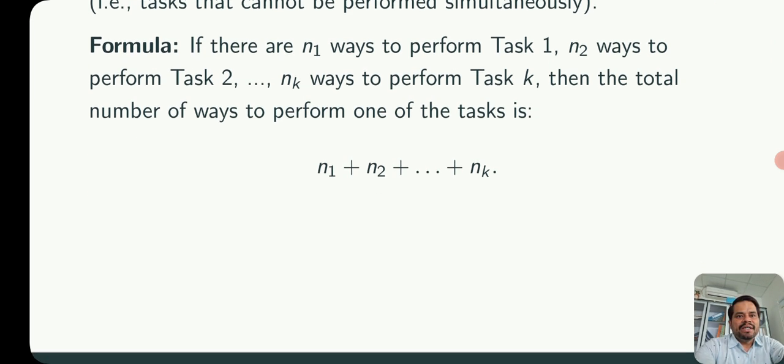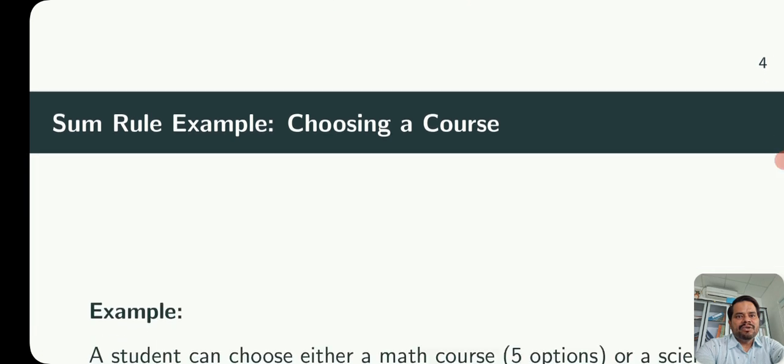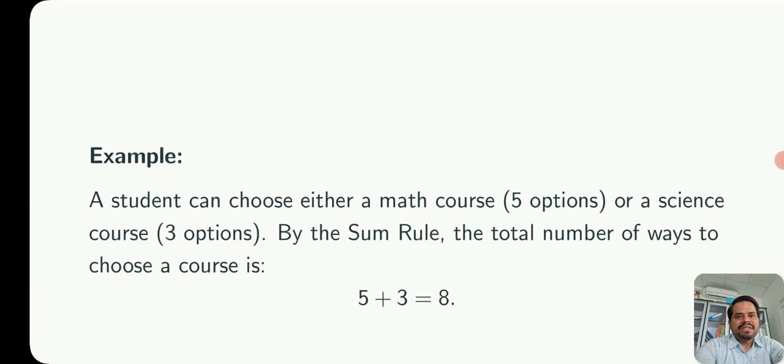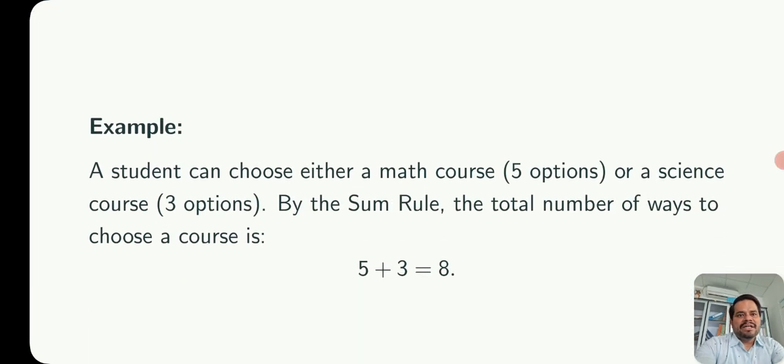Let us see some examples of this sum rule. This is the first example. A student can choose either a math course with 5 options or a science course with 3 options. By the sum rule, the total number of ways to choose a course is 5 plus 3 equals 8 ways. It means a student can choose either a math course or a science course.